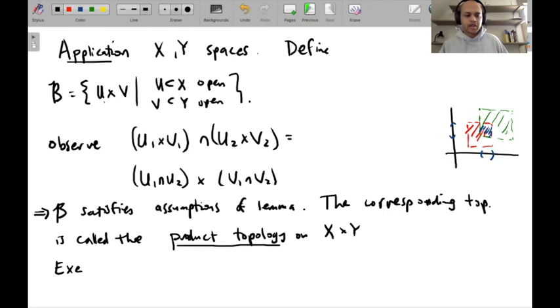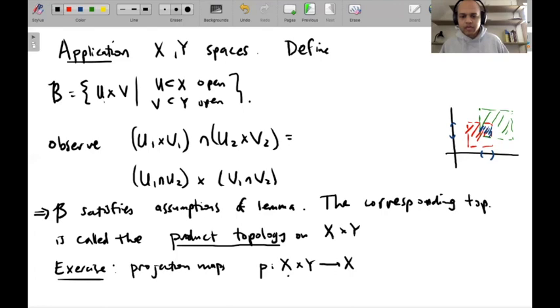So, exercise: the projection map P_X from X times Y to X, sending a pair (x, y) to x, is continuous. And similarly, projecting to Y gives you a continuous map with this definition of the topology.